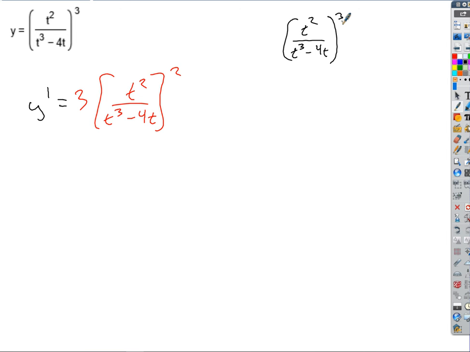So inside the brackets, we could write this as t over t cubed minus 4t. T squared, you're right. Everybody see that? That makes life a little simpler, right?